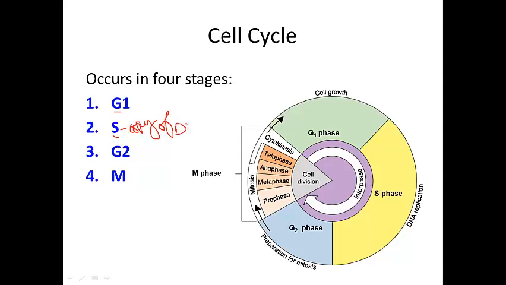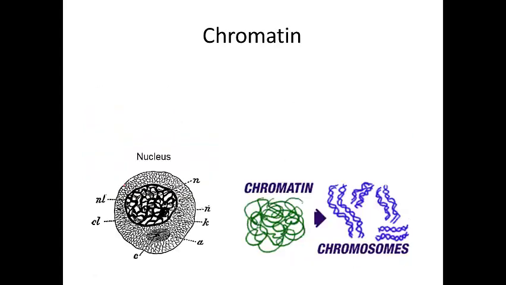G2 also stands for growth, but now we're growing a second time. The cell is going to double in size and prepare for division. That means our organelles are going to be doubled. And the last phase is M for mitosis, which we're going to talk about in more detail.